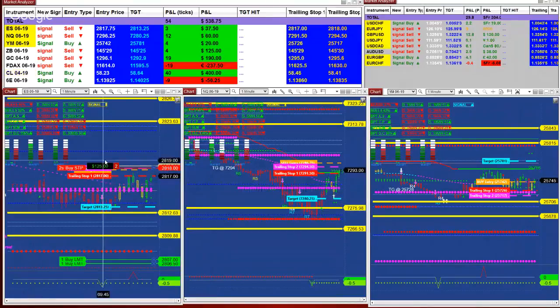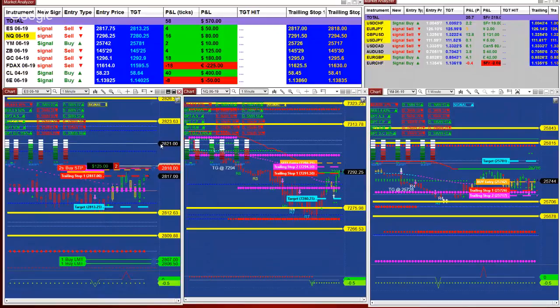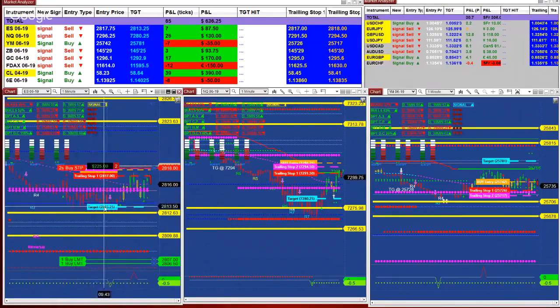So right now, what we are going to do is wait for a new signal on the ES, a new signal on the Nasdaq, and a new signal on the YM, because this trend is over and we are no longer interested in taking a short trade. We already hit the target. As you see, we already hit the target.